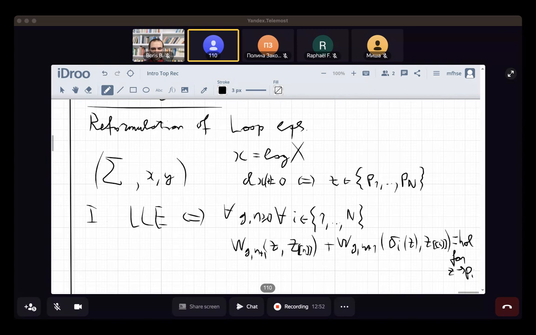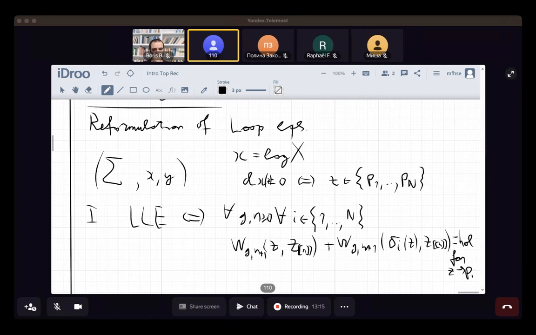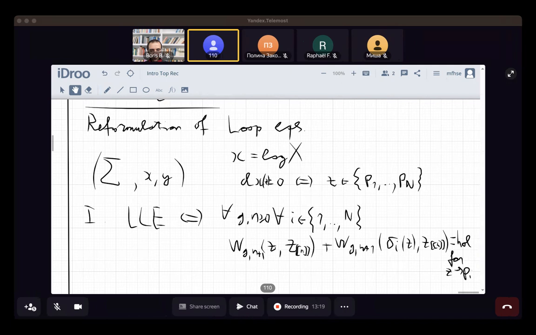If you remember, when we formulated this in terms of omega, we said that omega should be holomorphic and also have a zero of at least first order. But for W, it's equivalent to saying that they're just holomorphic, because how are W's related to omegas? Let me recall this.